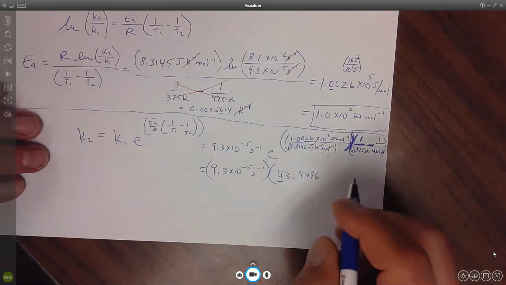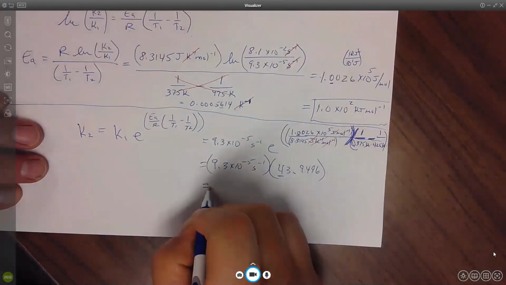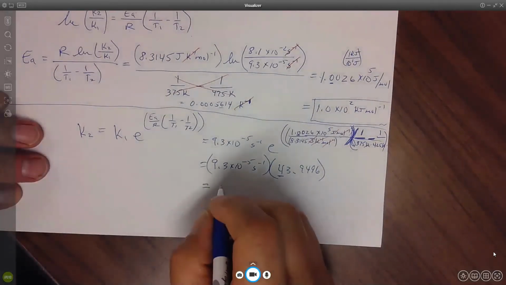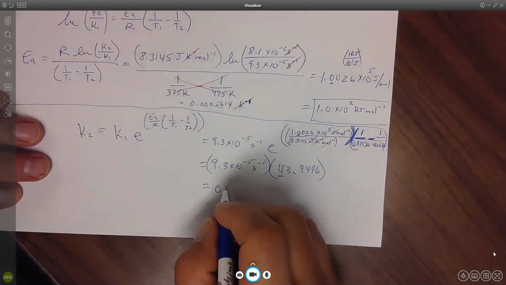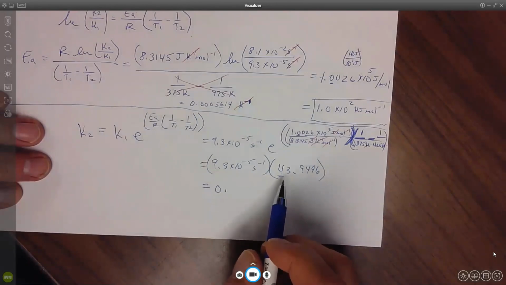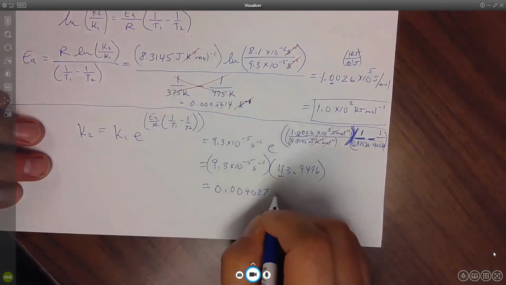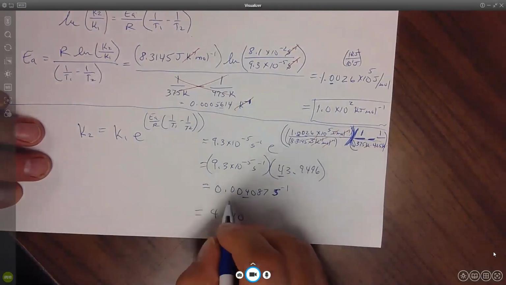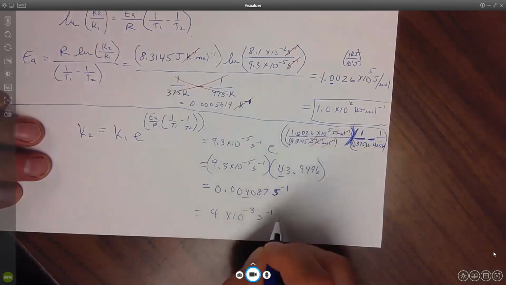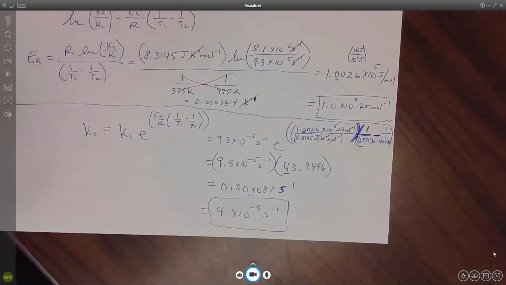Plug that into your calculator, and you get 0.00487 per second. Again, it's only 1 sig fig, so it's going to be 4 times 10 to the negative 3 per second. Any questions about that?